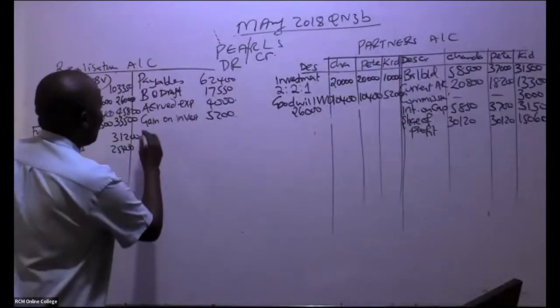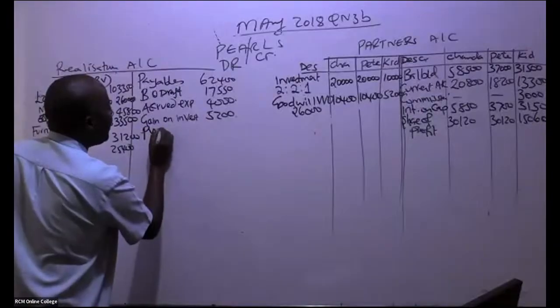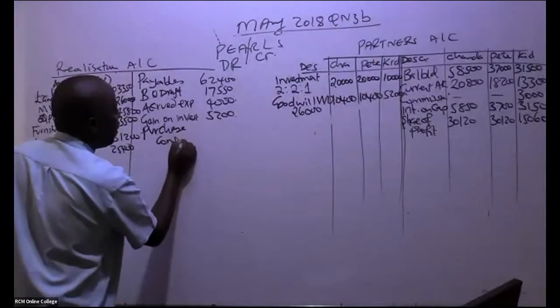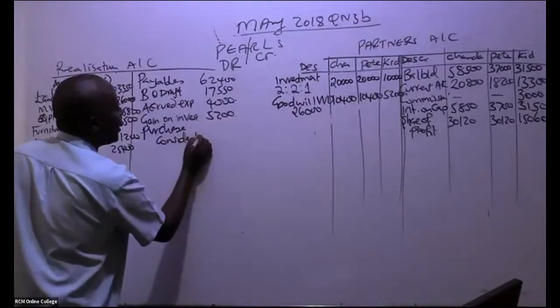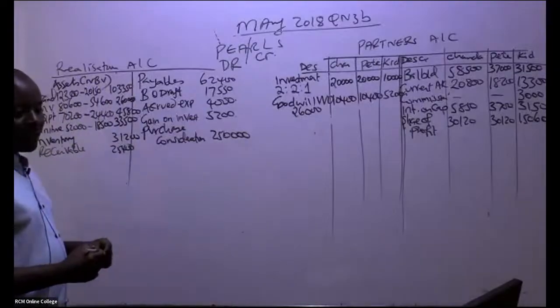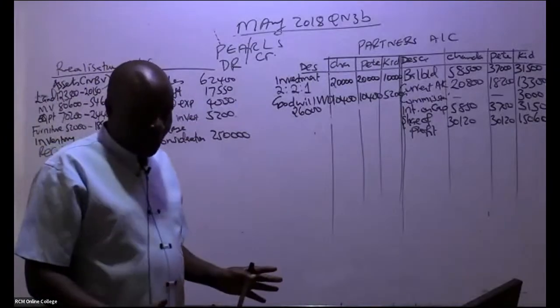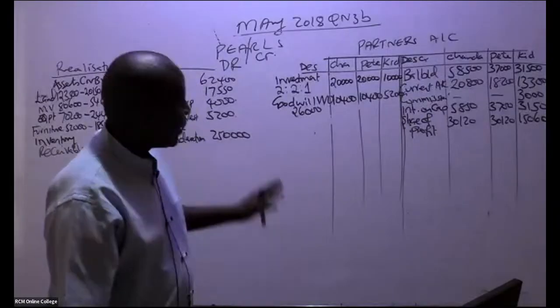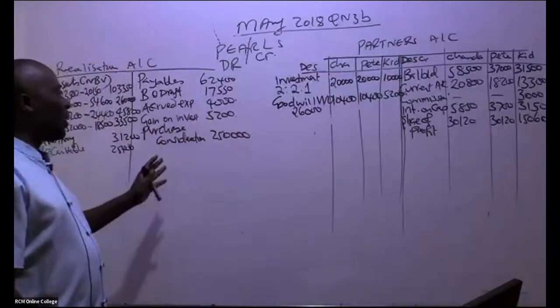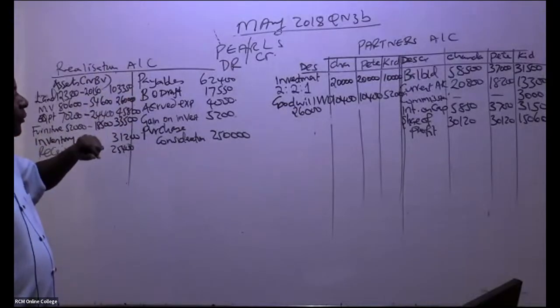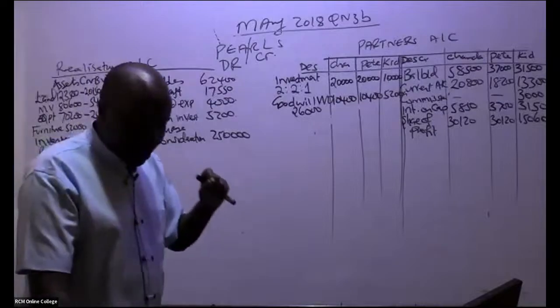Anytime you're told purchase consideration, in thousands we have here 250,000 like that. If I were you, I would write somewhere that purchase consideration shall always be credited to the realization account.